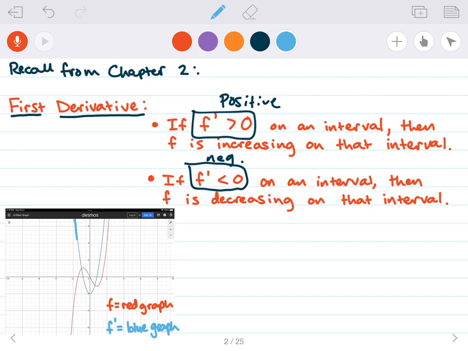And it turns out the derivative is positive right here, okay? So what does this tell me? This tells me that from negative infinity to, I don't know what point that is, it's close to negative 0.75, that f should be increasing.